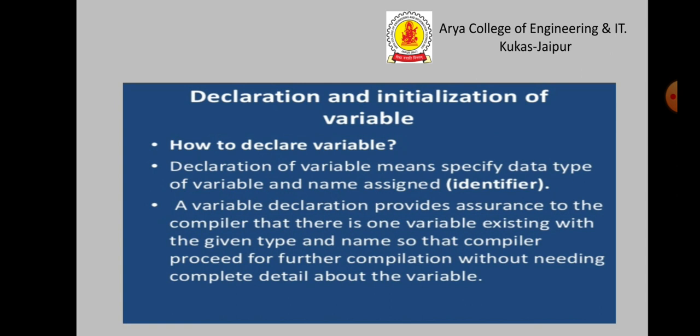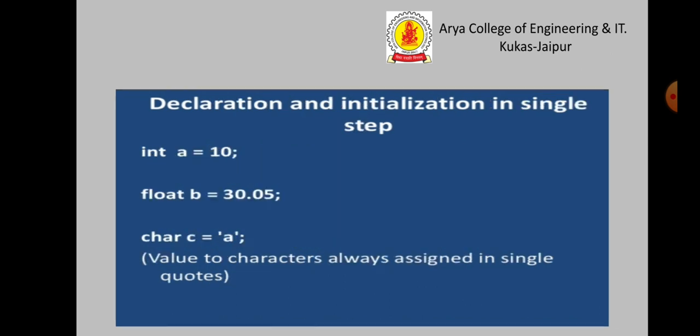Once we declare a variable, the compiler proceeds for the further compilation without needing complete detail about the variable, and the value is initialized in this way: int a equals 10. Here the variable name is a and its value is 10.